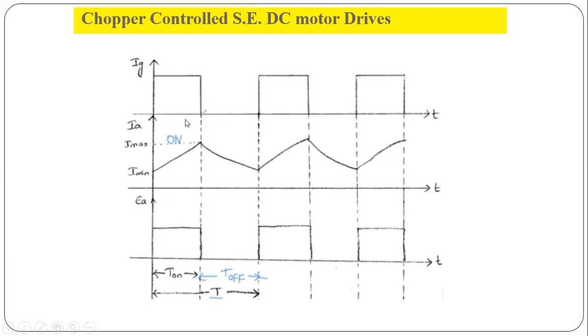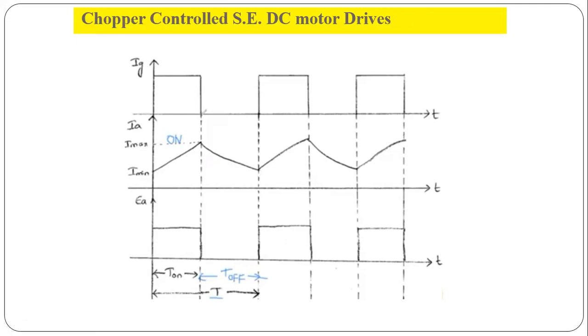When the chopper is on or the switch is on, at that time the current increases from its minimum value to maximum value. And after that, when the chopper is off, at that time what will happen? The current goes down from maximum value to minimum value. And after that, we can see here what changes with respect to voltage.